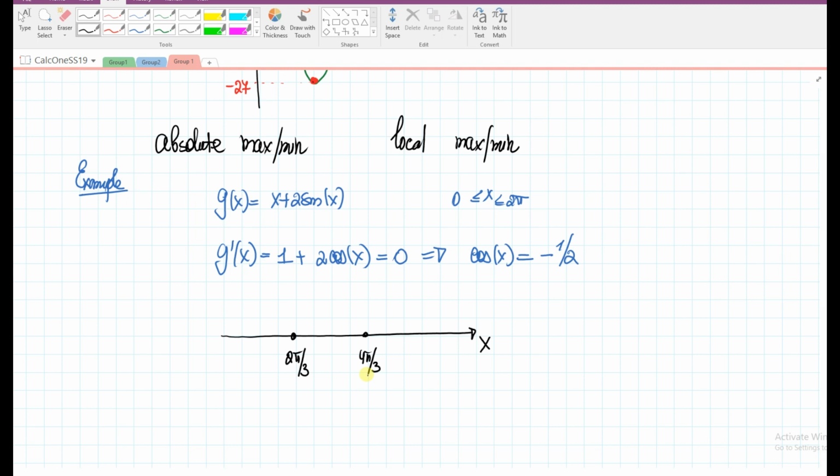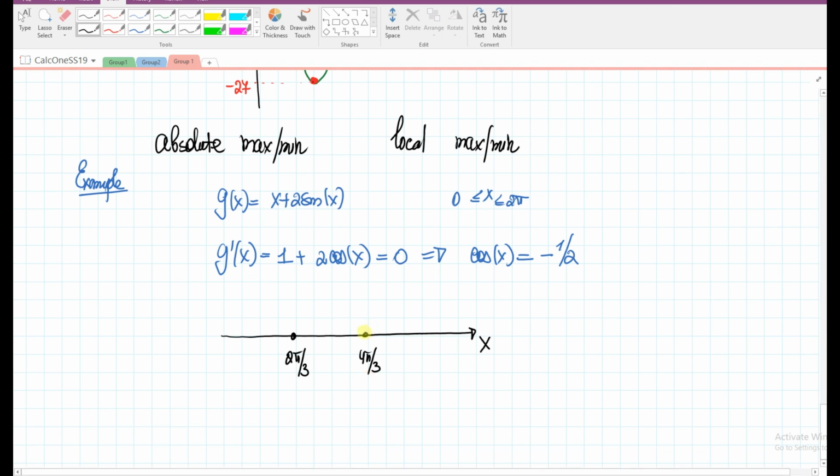At 2 pi over 3 and 4 pi over 3, the cosine of x becomes minus 1 over 2. Do you remember what the x was? Is it the x line or the y line? The cosine is x. So it is positive in the first quarter and in the fourth quarter. 2 pi over 3 is in the second quarter, so the cosine's value will be negative.